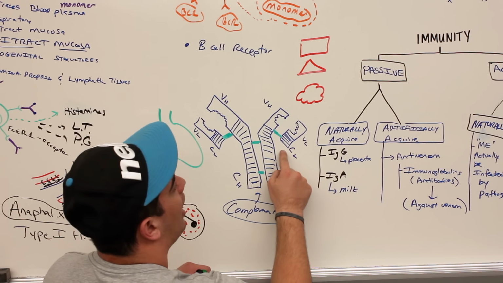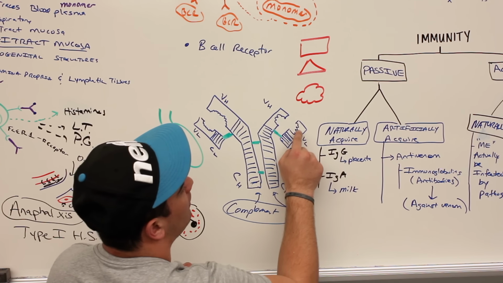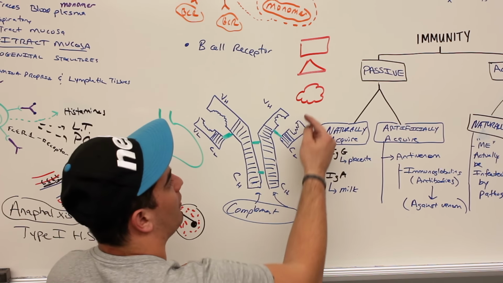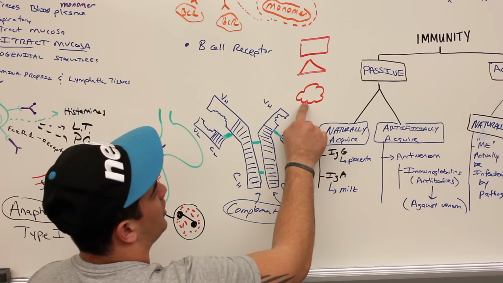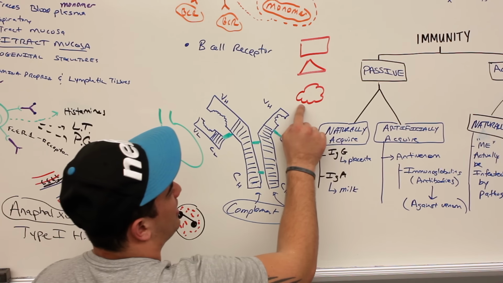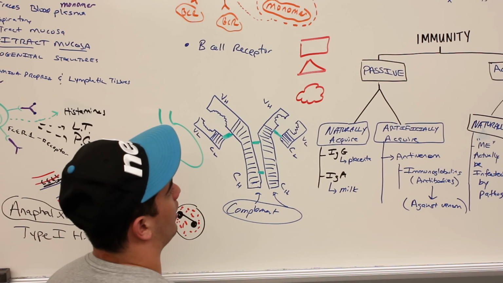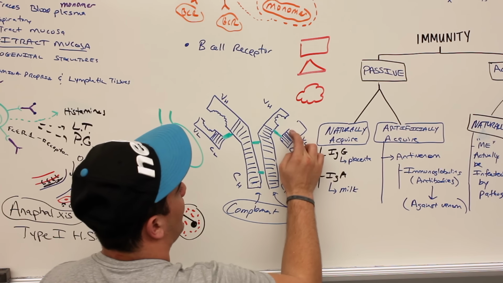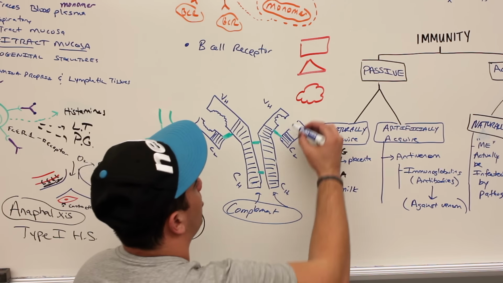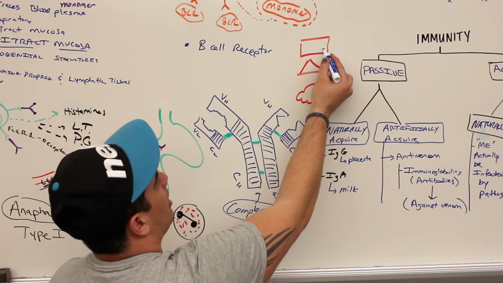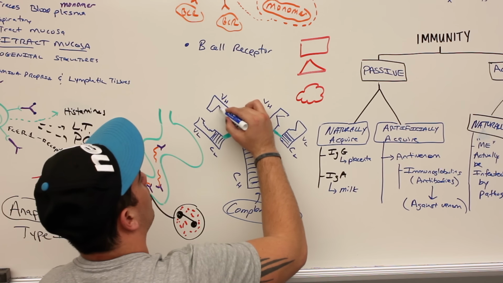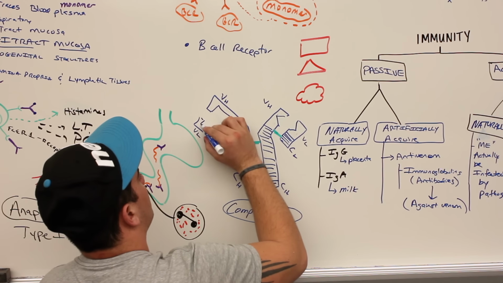This undergoes recombination in such a way that every variable region is different for every type of antigen. So if this one is going to be for this one, it's going to make a variable region that's specific to this antigen right here. If we wanted it specific to this antigen, what would it take on? The variable shape would look like this. And if we wanted to fit this, what would it look like? It would look like this.